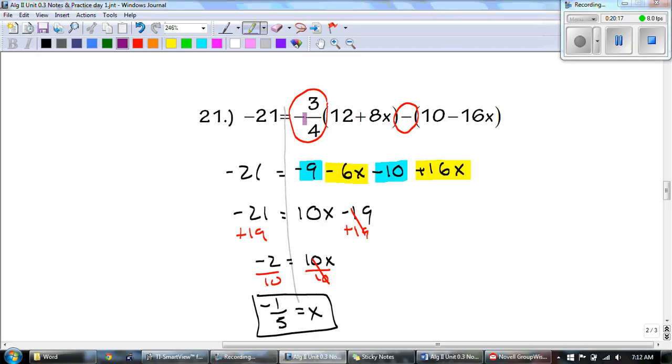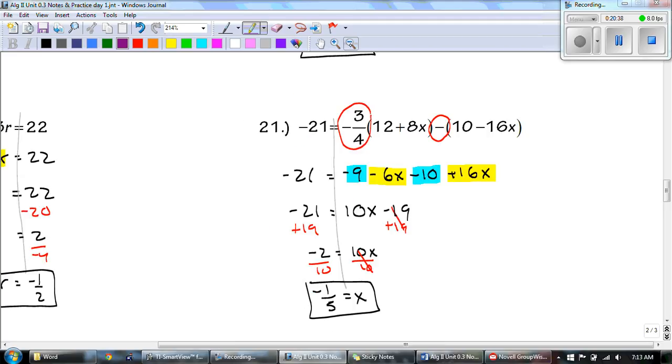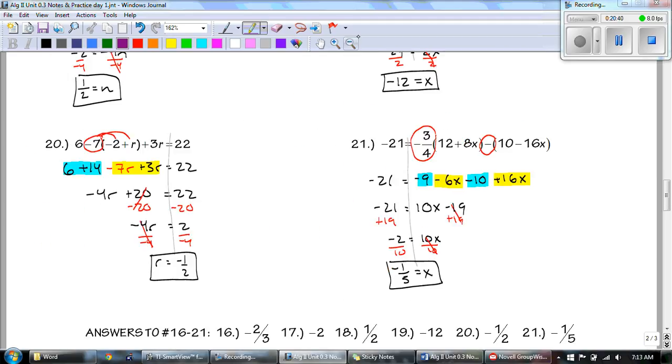Okay, so we distributed -3/4 times 12 is -9. -3/4 times 8 is -6. Negative times 10 is -10. Negative times negative is positive. I combined my like terms to get 10x minus 19. Add the 19 to the other side and we got -2. And when I divide it by 10, it is a -1/5.